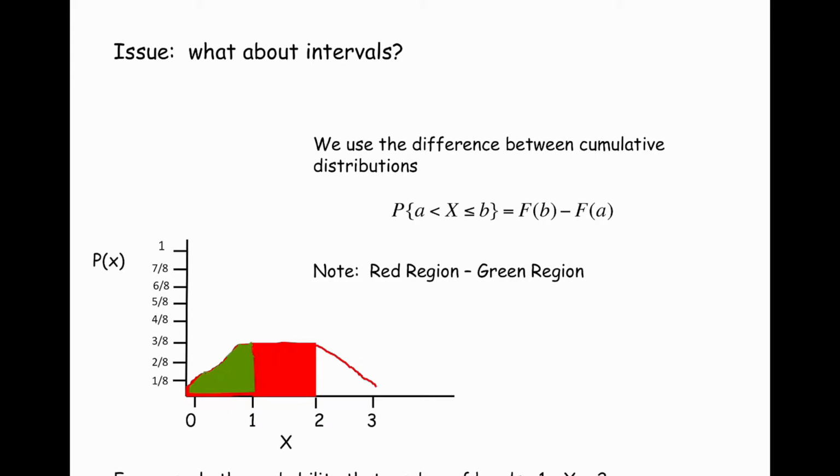So what would we do? Well, we need that first shaded red region. And in this picture, imagine if all of this graph was shaded in red. That would be the first expression, the CDF at point b, and that would represent this entire region here that's shaded red.